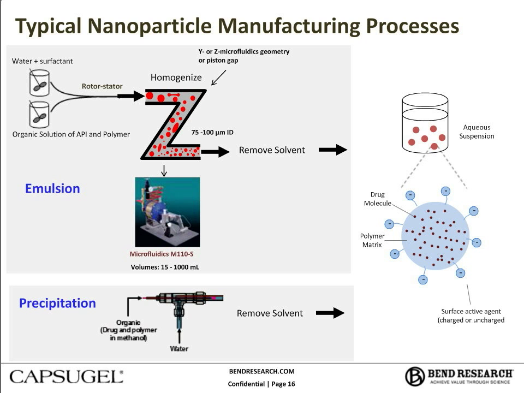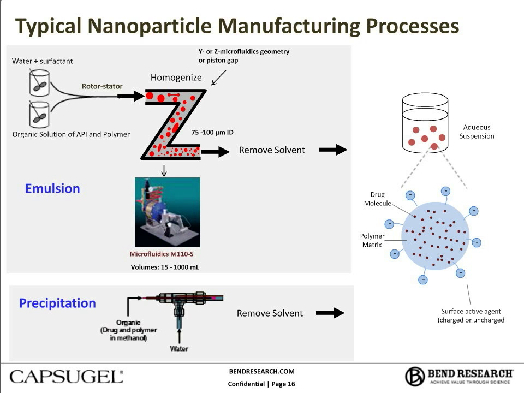In choosing between these two processes, there is more flexibility in the solvent in the precipitation process, but higher concentration suspensions are easier to produce using the emulsion process typically. Of course, the suspension from either process can be concentrated by removing water.